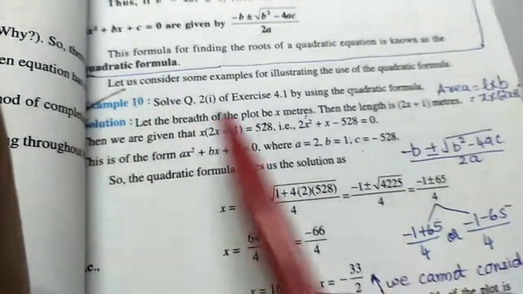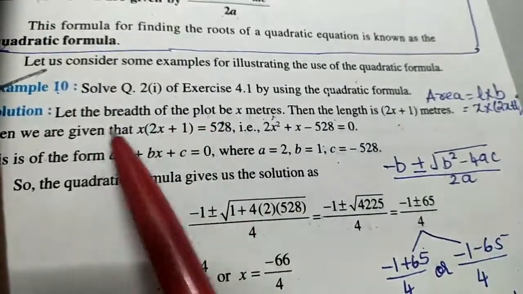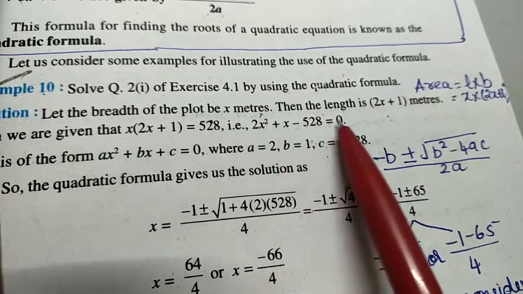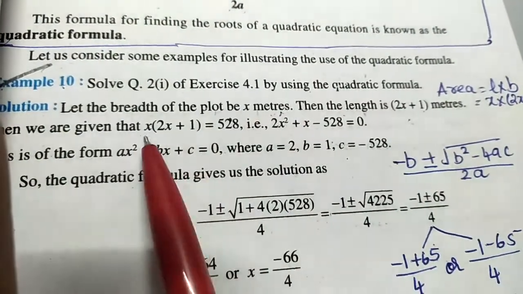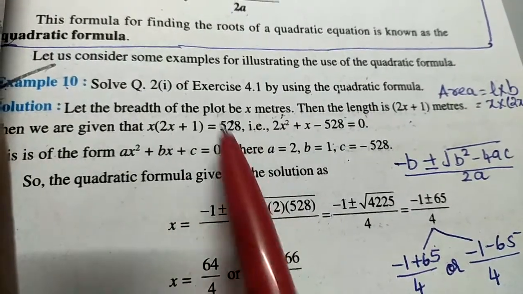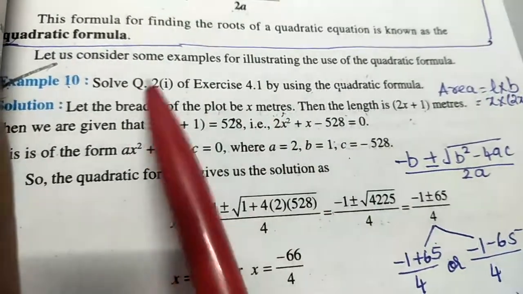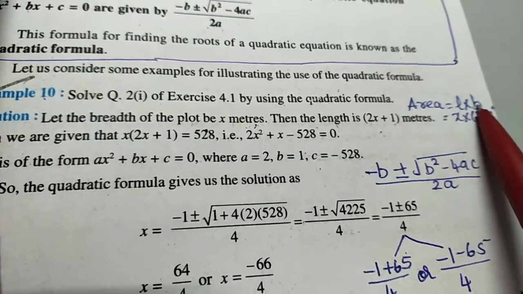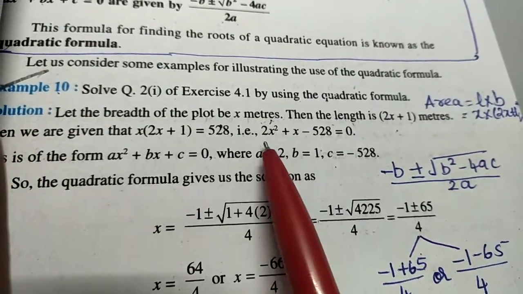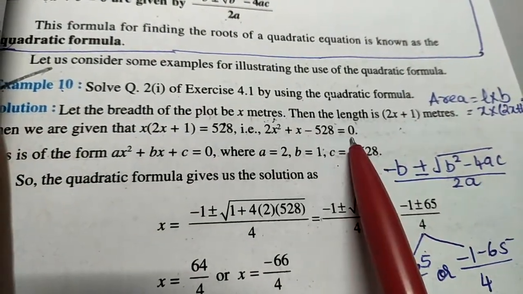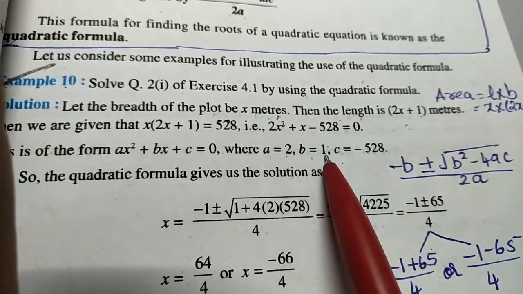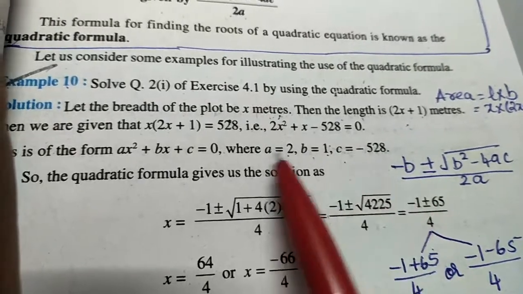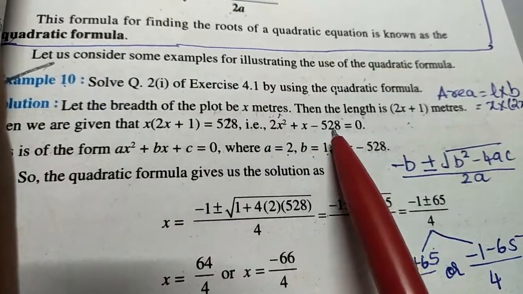Okay, now we go to the next example, example number 10. Now in example number 10 you have got breadth of the plot x meters, length of the plot 2x plus 1. Okay, so when you multiply these two you get area 528. This is same as exercise 4.1 question 2.1 because area is length into breadth. Okay, so we get the quadratic equation. Now in this quadratic equation, a is equal to 2, b is equal to 1, c is equal to minus 528.